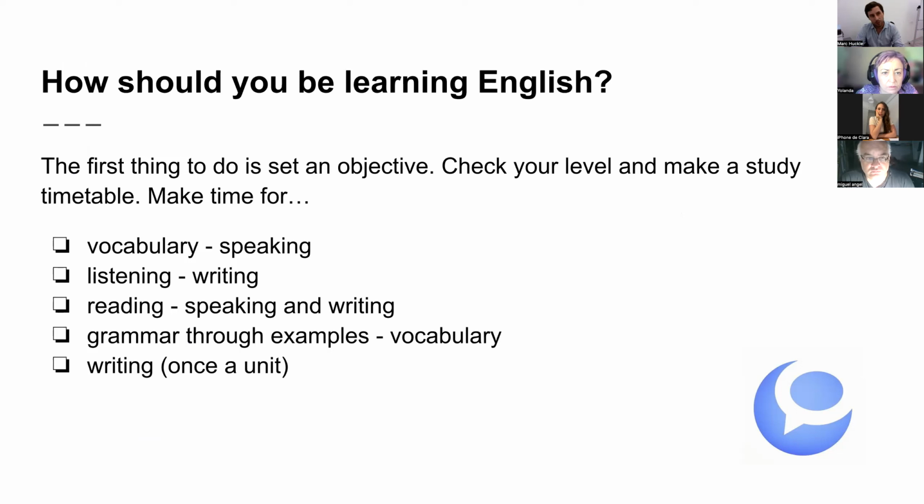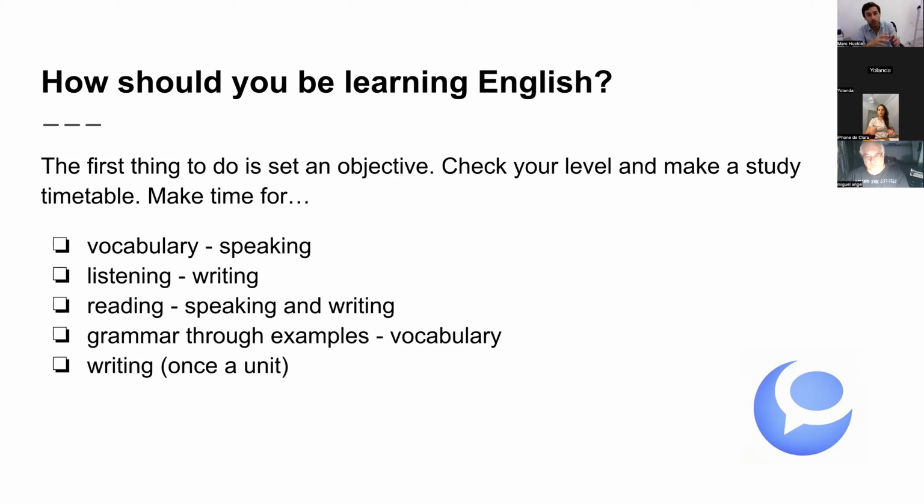As I said last week, how should you be learning English? The first thing to do is to set an objective. I want you to make short-term objectives and also long-term objectives.